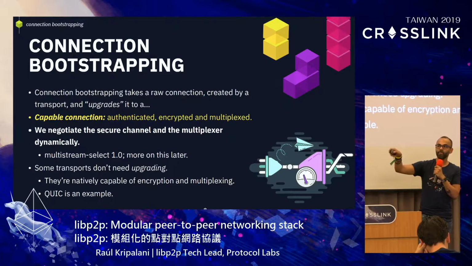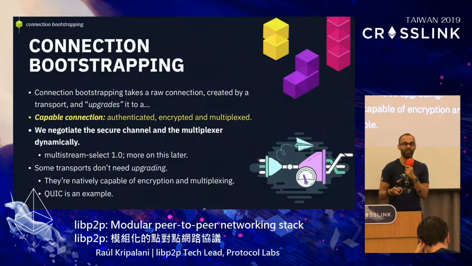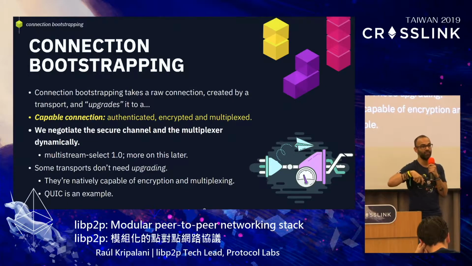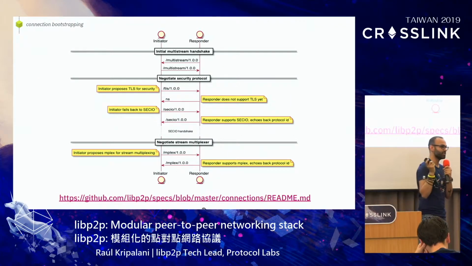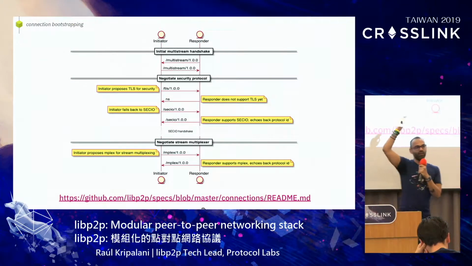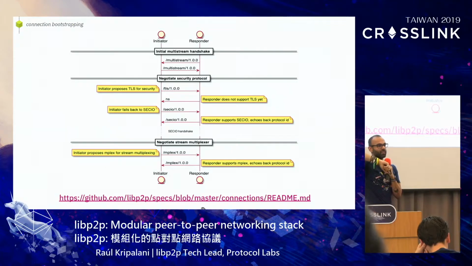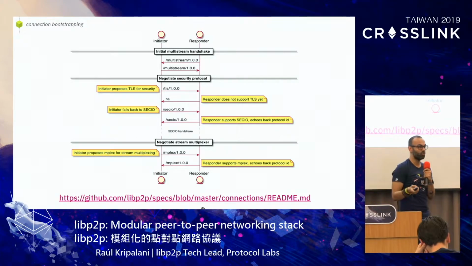What's important to say here as well is that some transports don't actually need upgrading. And QUIC is an example of this. If you've heard of QUIC, then you will know that it's multiplexed and encrypted by default. So we can avoid making this upgrade because the transport already gives it to us. This is kind of like a sequence diagram of how this happens in reality with multistream-select 1.0.